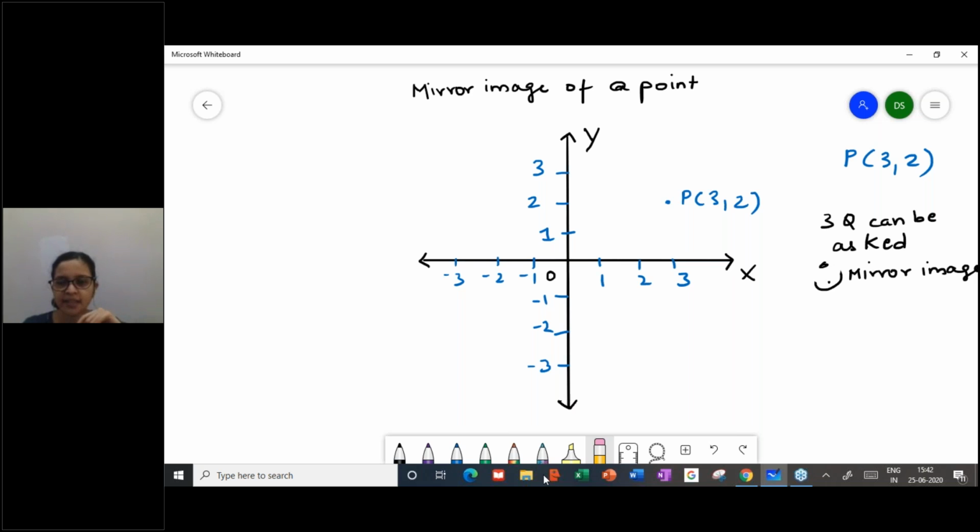This is lagging a bit. Okay. So mirror image about the x-axis, right? So about the x-axis means you consider the x-axis to be a mirror. So this will be your mirror. I'll just make it with green.